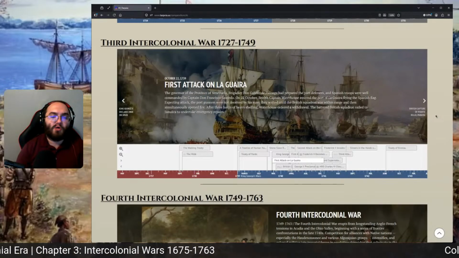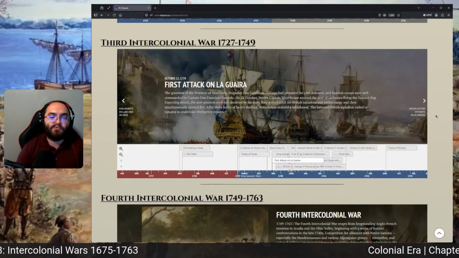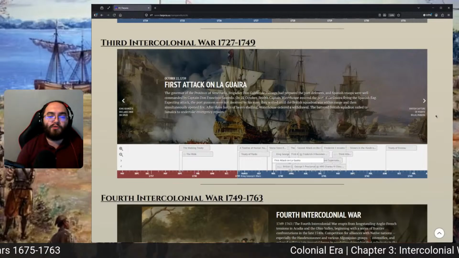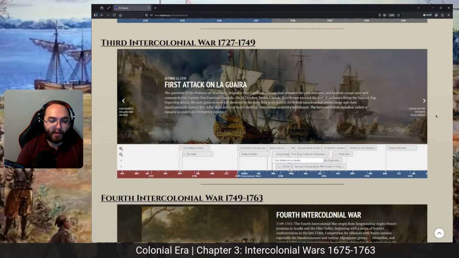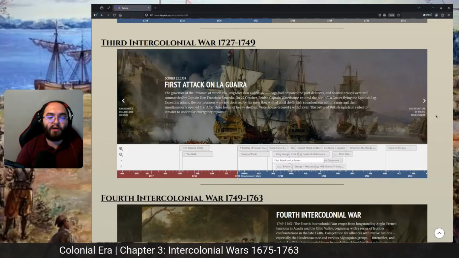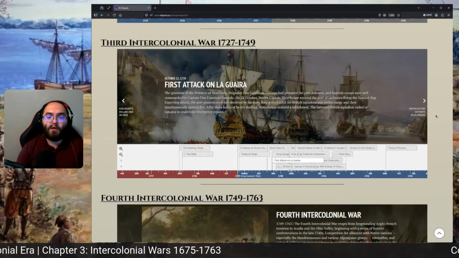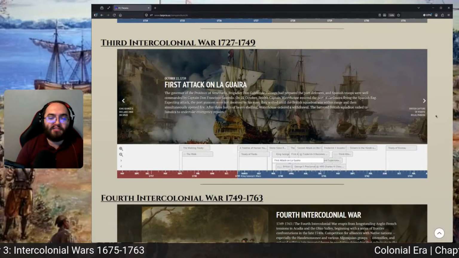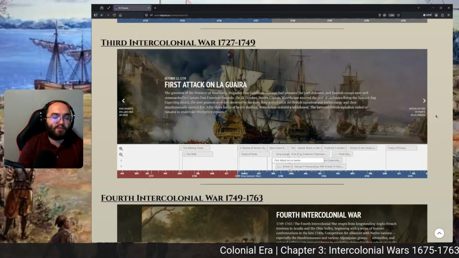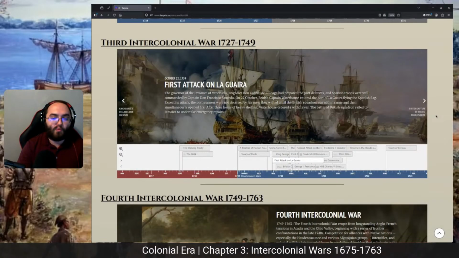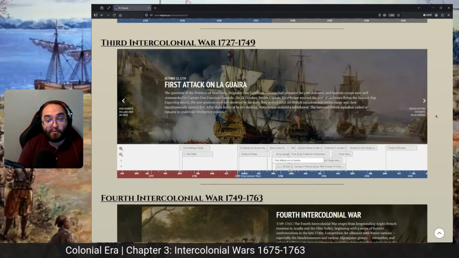The port gunners were not deceived by this ruse. They waited until the British squadron was within range, and then simultaneously opened fire. After 3 hours of heavy shelling, Waterhouse ordered a withdrawal. The battered British squadron sailed to Jamaica to undertake emergency repairs. So the first battle of the War for the Asiento is a British defeat.